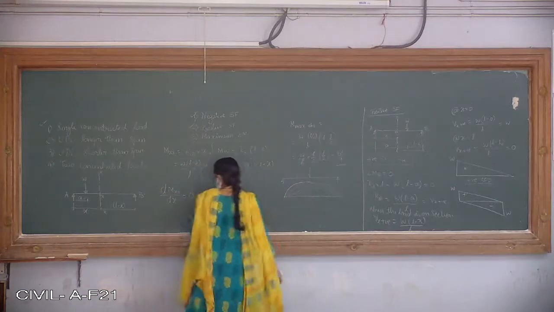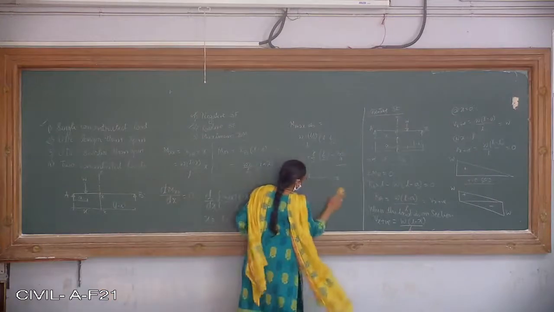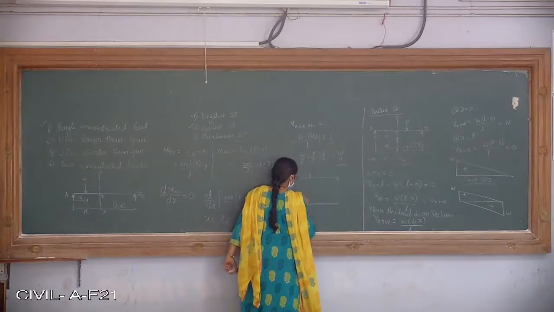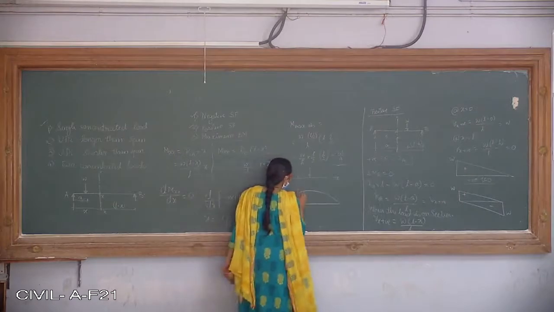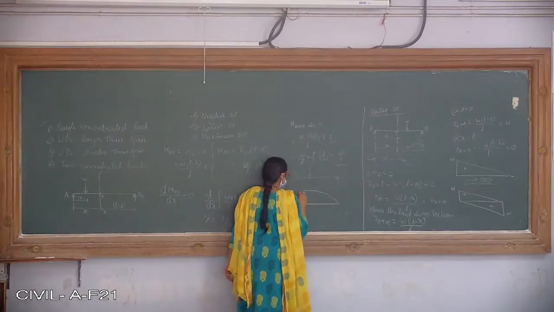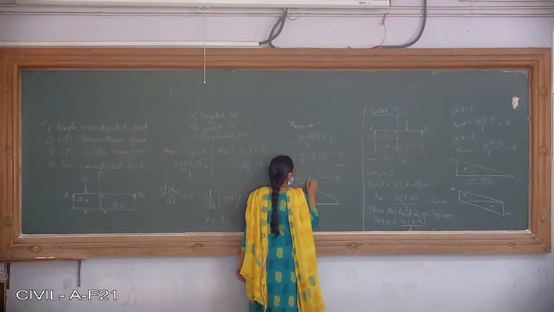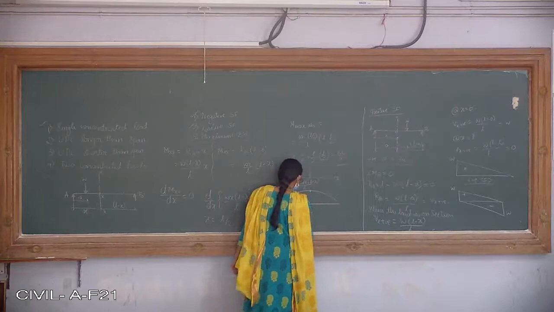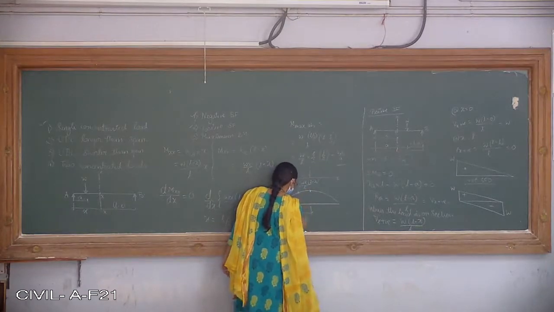So therefore the bending moment diagram for a single concentrated load which is moving from one end of the beam to the other end of the beam is going to be more like a parabola shape like this, and the value of the moment at the section x here is going to be W into x into L minus x by L. This is at section x, this is at L by 2.